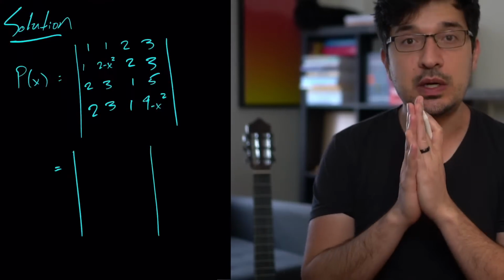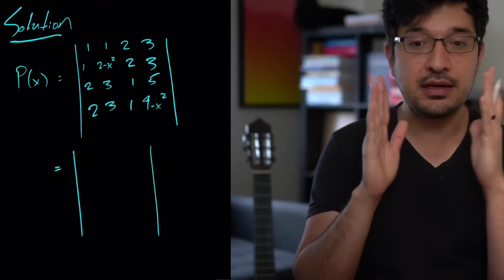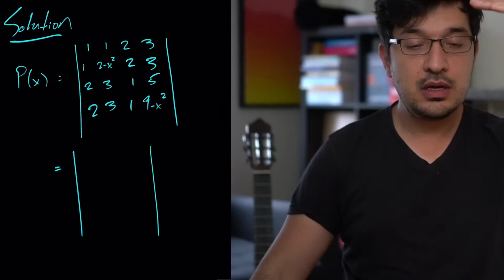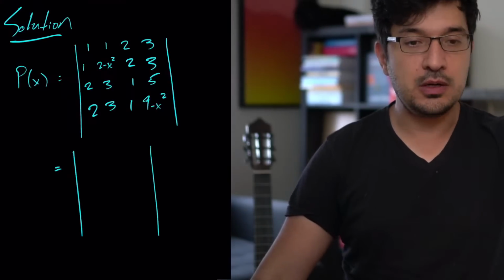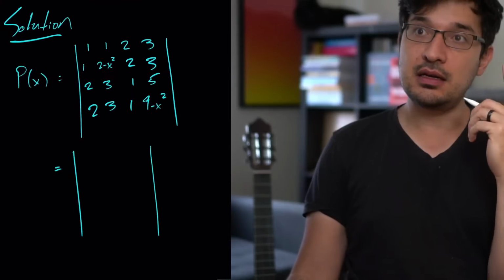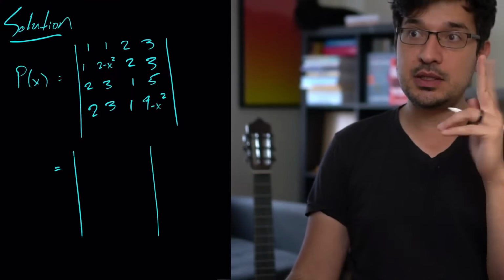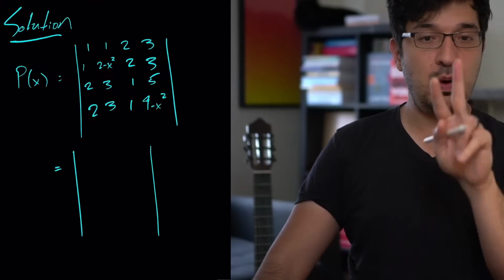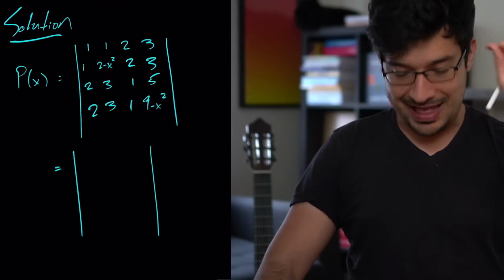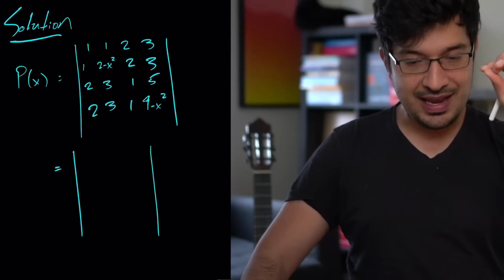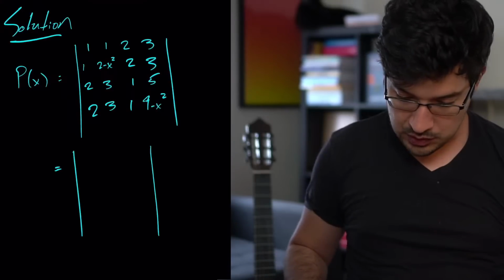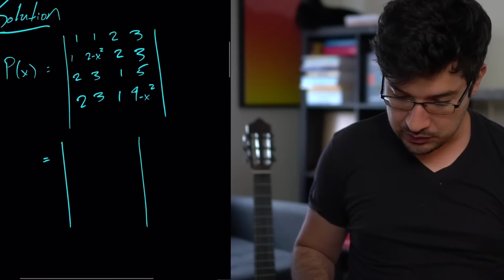In short, you can subtract and add multiples of columns or rows to a row or column in the determinant. That's one fact. Another fact is you can interchange, swap rows or columns, and it will keep the value of the determinant the same, but change the sign. Those are the two facts we're really going to use.